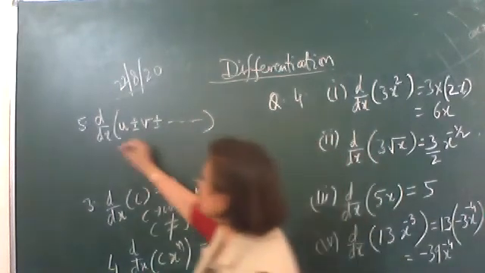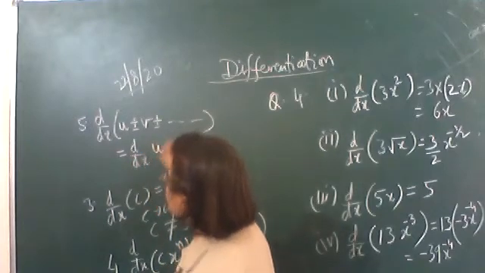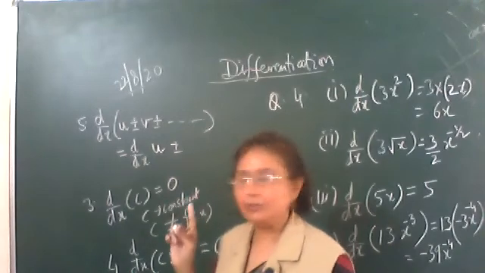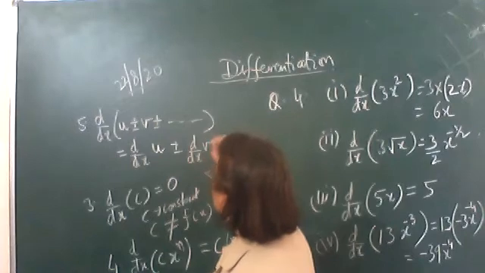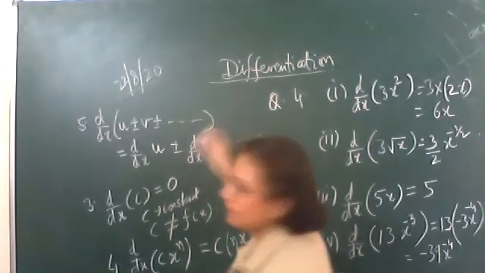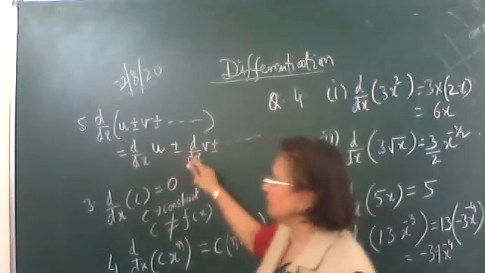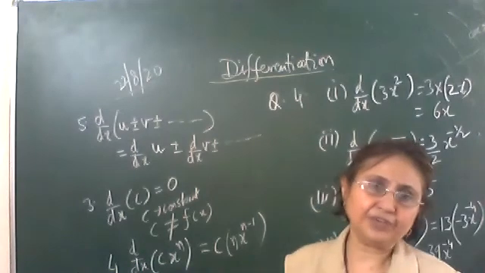So how do we differentiate? We'll differentiate the first term d by dx of u, plus or minus sign, whatever it is, you will put the same sign. D by dx of the second term, v, plus minus, whatever be the number of terms, you will differentiate each term with respect to x. Why? Because each term is a function of x.